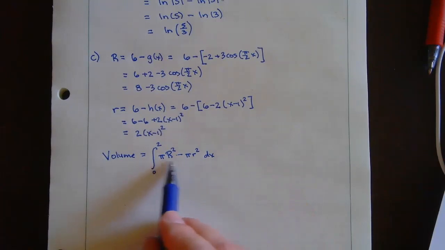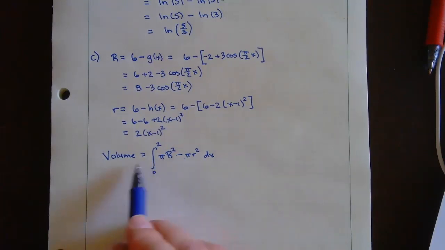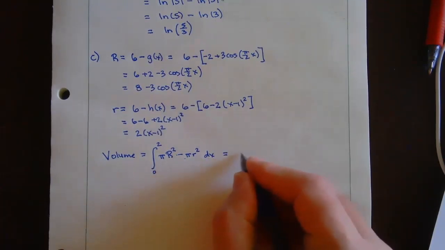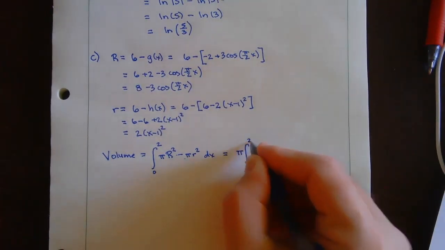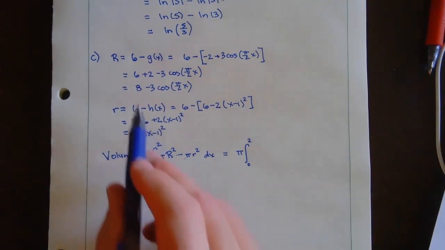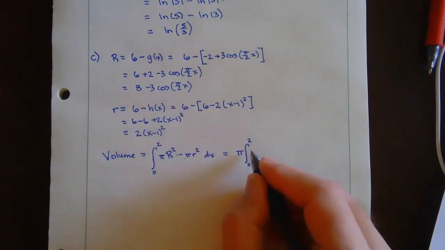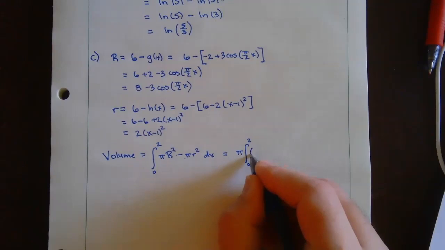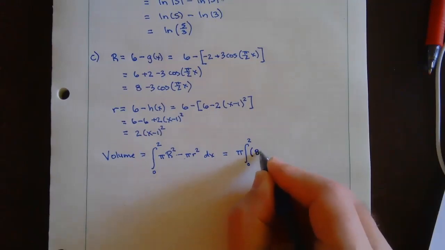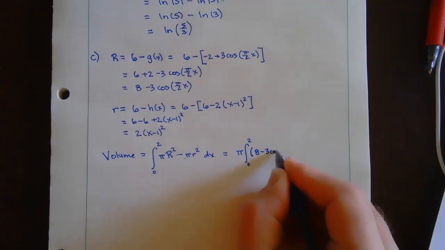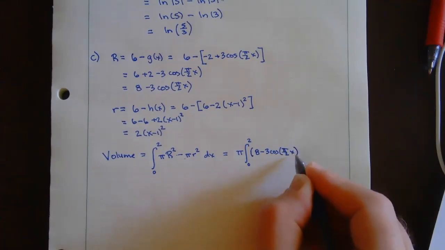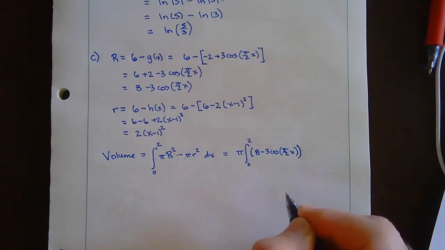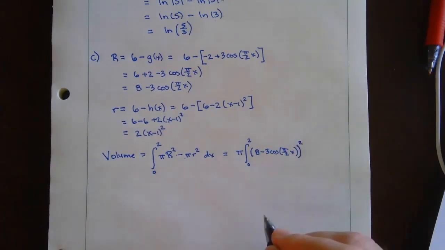Now what I'm going to do is pull the pi out of all this. So this would be pi, the integral from 0 to 2, big R, which is this 8 minus 3 cosine. So I would write it like this: parenthesis, 8 minus 3 cosine, parenthesis, pi over 2x, close the parenthesis for the cosine, close the parenthesis for the big R, and then I need to square it.